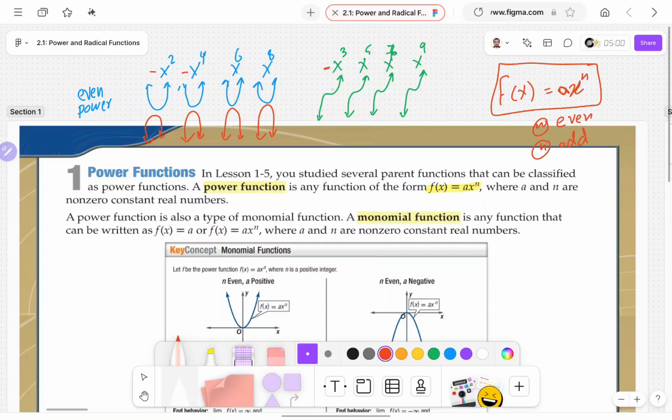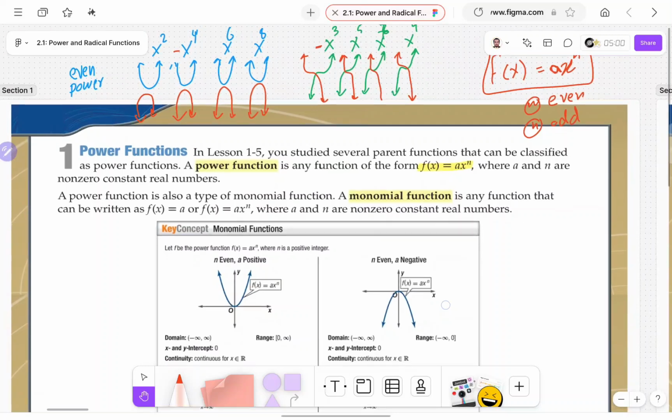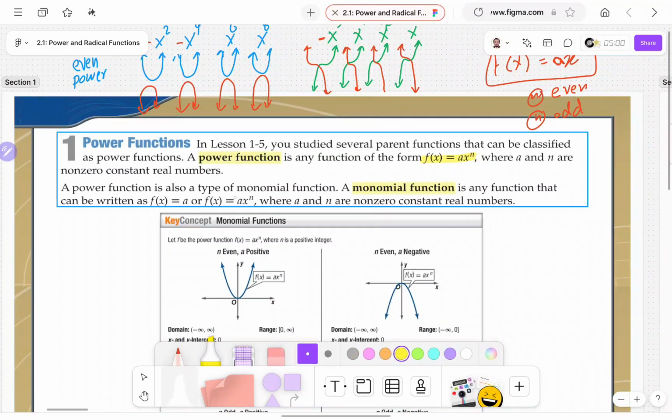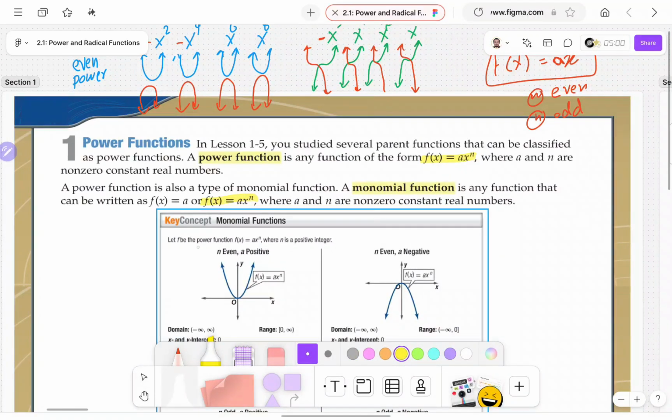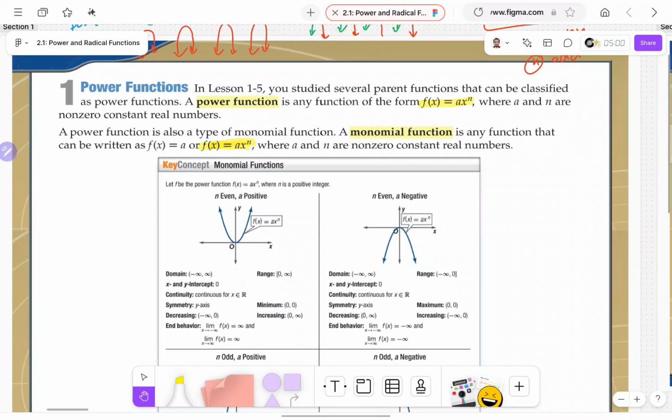Rather than starting down and ending up, it will start from up and go down. So this is the difference between the odd function and the even function. We can extract the formula, which is written here: f of x equals a times x to the power of n.